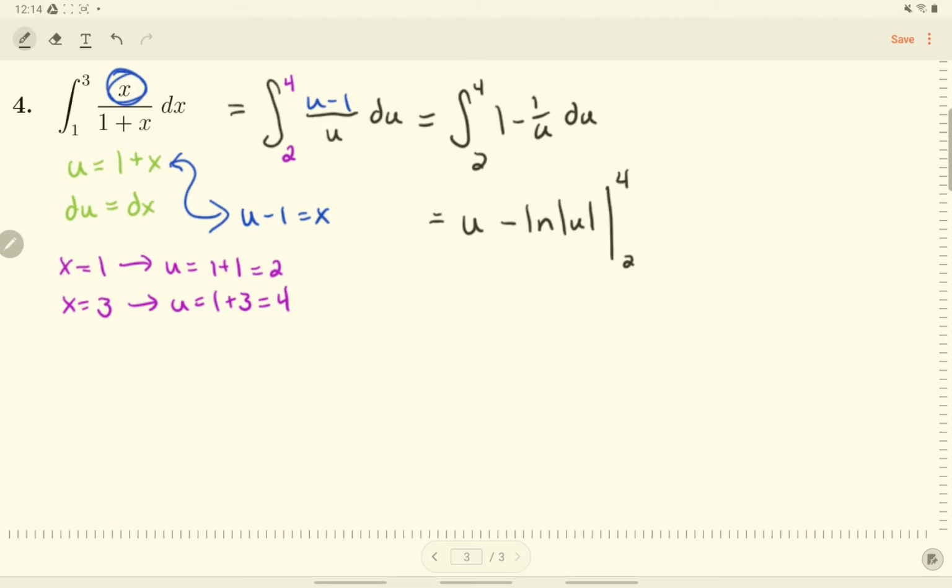Evaluated from 2 to 4. 4 minus ln of 4 minus 2 minus ln of 2. And you can simplify this a little. If I use log properties, I can make this 2 plus ln of 1/2. But doesn't matter. So that's our answer.